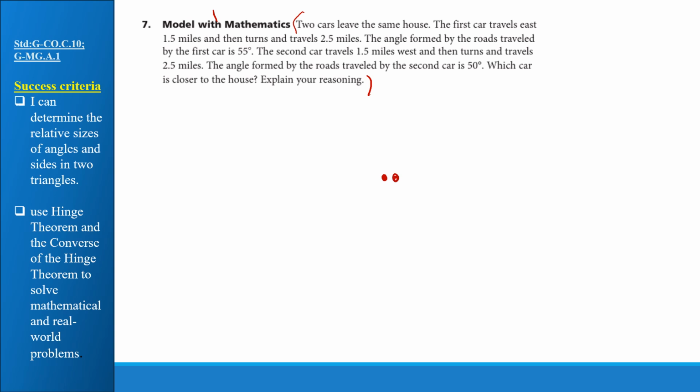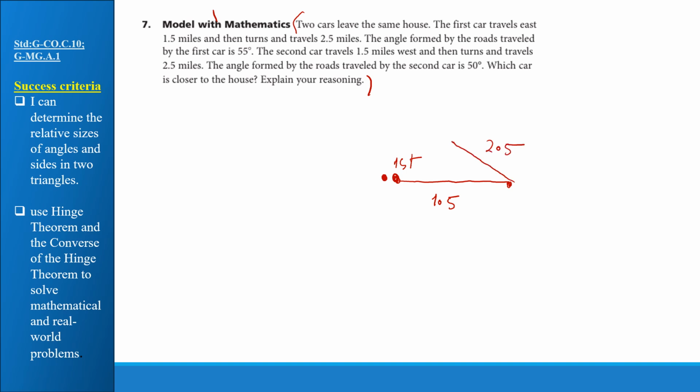The first car, let's suppose this is my first car, travels towards the east. So this is the east it is traveling, and it covers a distance of 1.5 miles, and then turns and travels 2.5 miles, and then it turns again and travels 2.5 miles here.